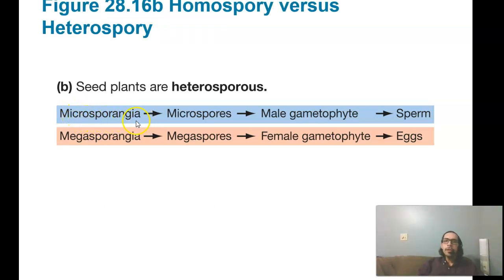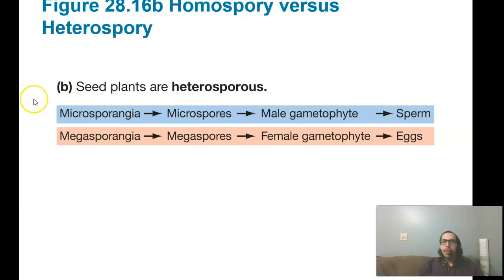So in lab, in gymnosperms, we looked at structures like the ovulate and the male cones. In this case, the male cones would have the microsporangia inside of them, and those produce the microspores. In lab, I didn't include the microsporangia step, but that's how it would be organized.